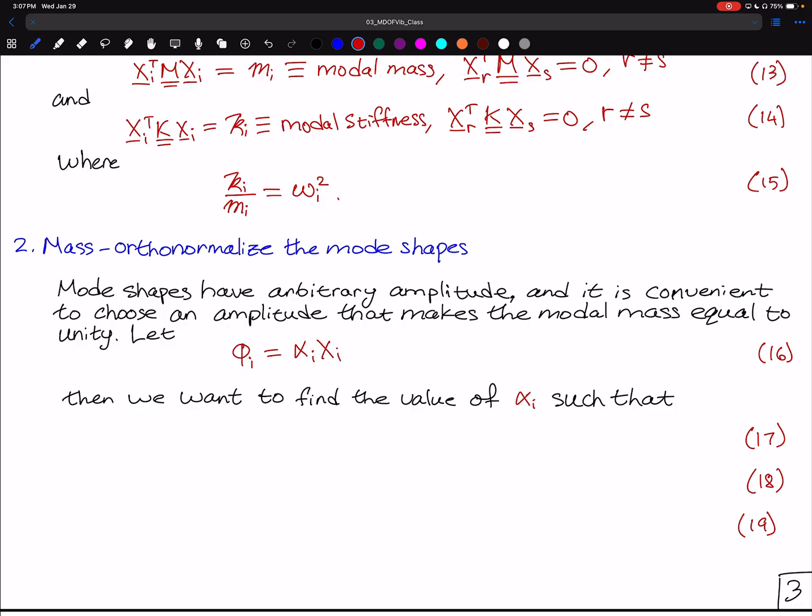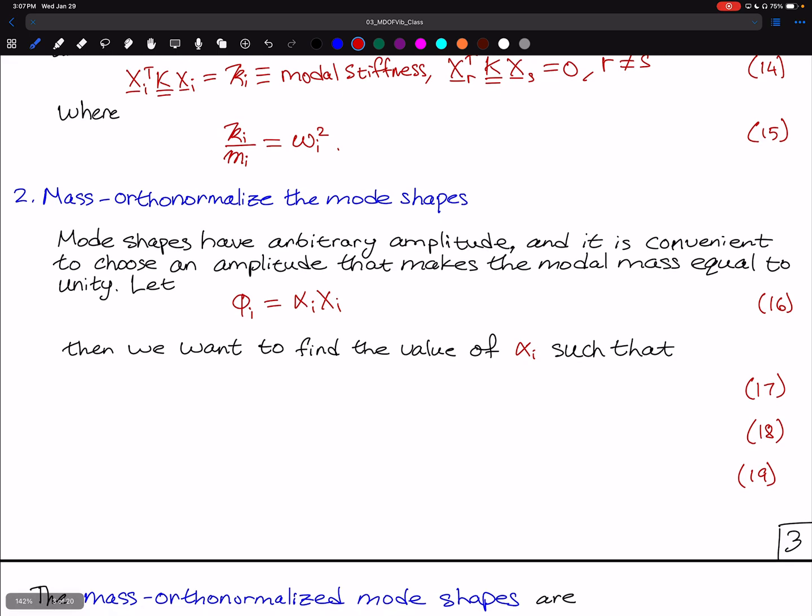Our goal is to find this alpha_i such that if we compute the product phi_i transpose M phi_i, this will be equal to 1.